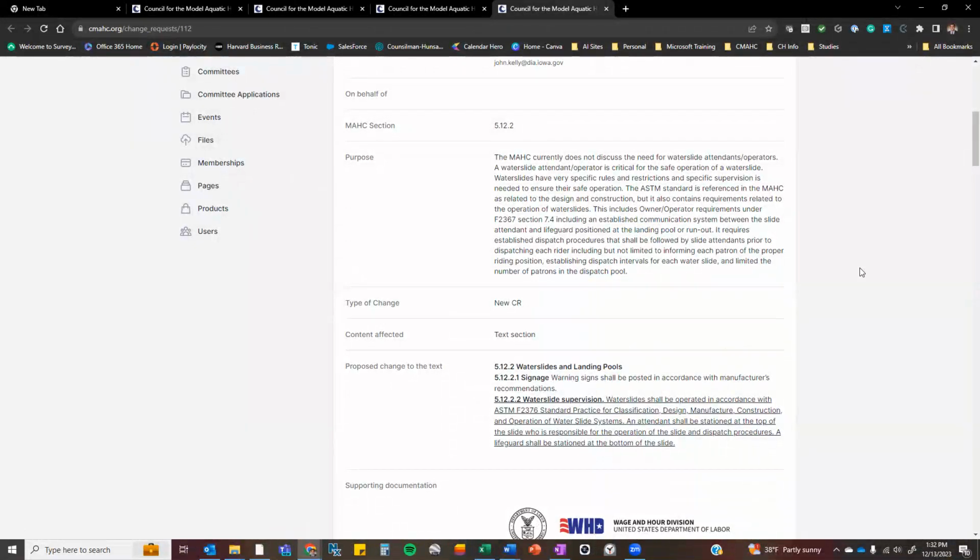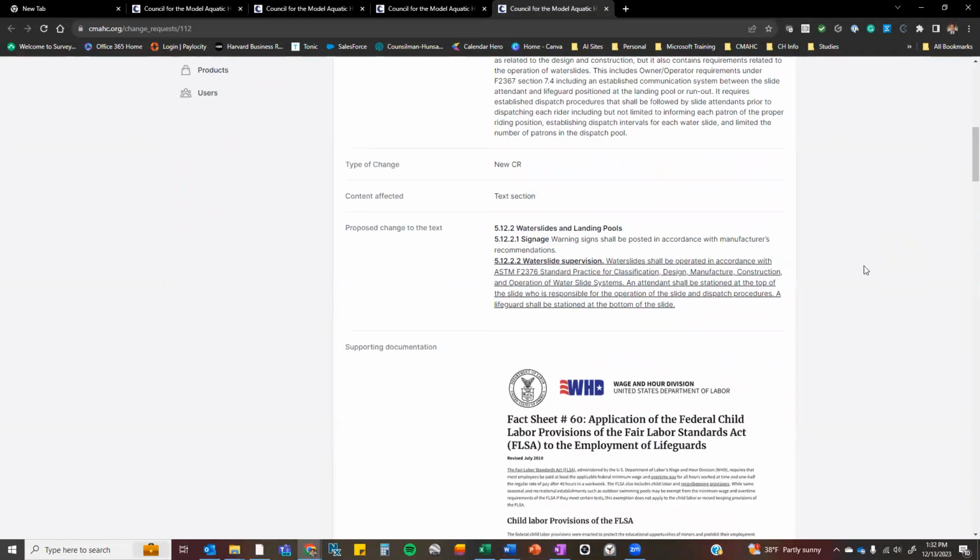All right. Yeah, so this particular CR addresses the lack of discussion in the MAC around dispatch operators for water slides. It proposes to add a subsection to what's already in existence for 512.2 titled Water Slide Supervision.